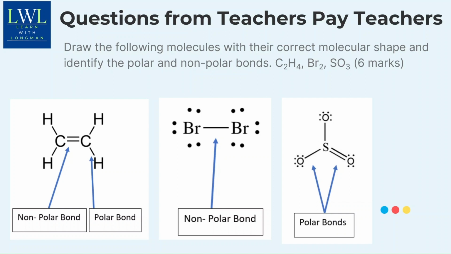Each of the sulfur-oxygen bonds is a polar bond because the oxygen contains a greater electronegativity than the sulfur, the oxygens acquire a slightly negative charge, and the sulfur acquires a slightly positive charge, and as a result of this we have polar bonds in this molecule.